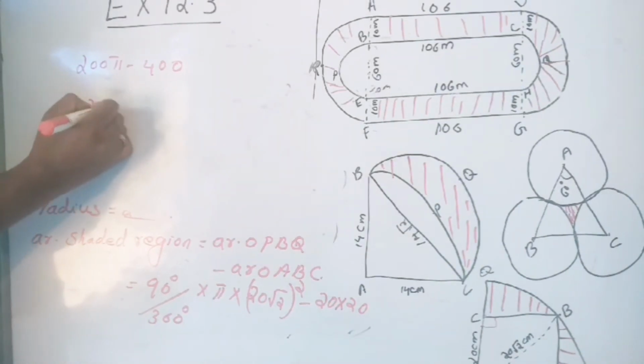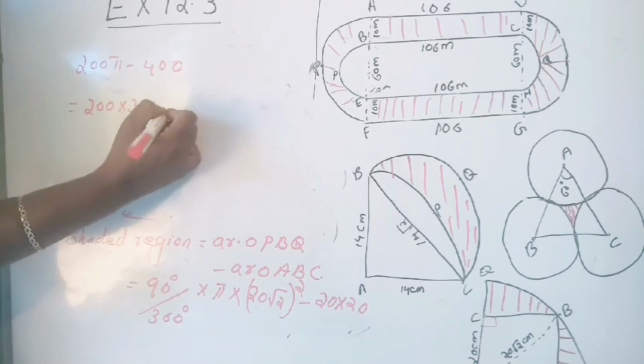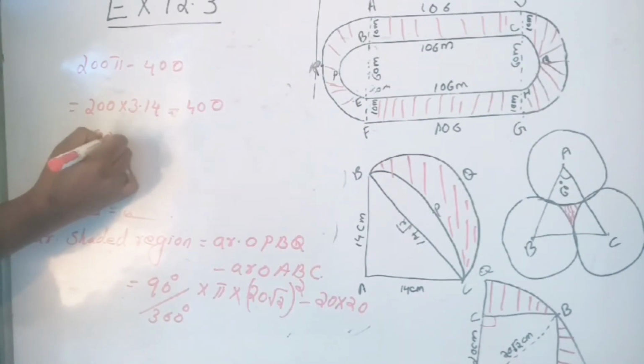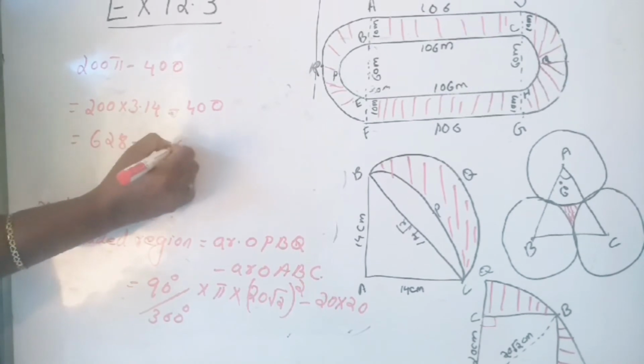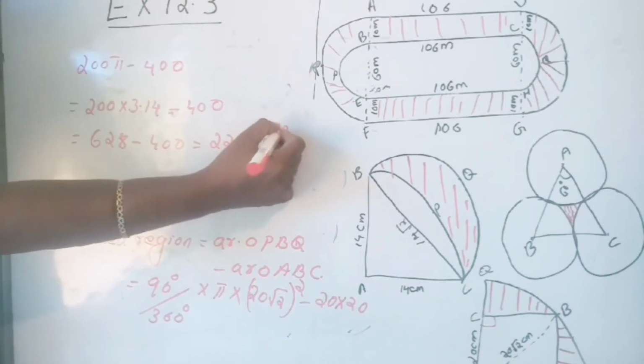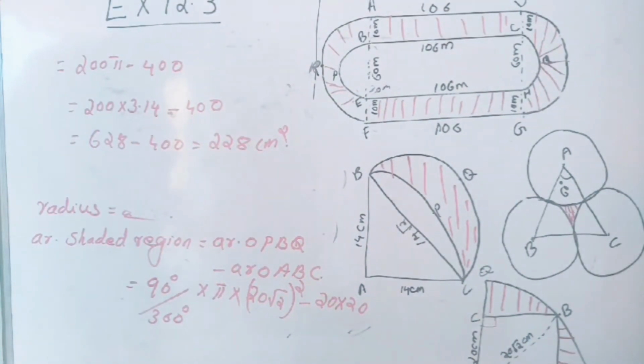So this is 200 into 3.14 minus 400, that is equal to 628 minus 400 is equal to 228 centimeter square. Therefore, the area of the shaded region is equal to 228 centimeter square. Now we are going to do the 15th question.